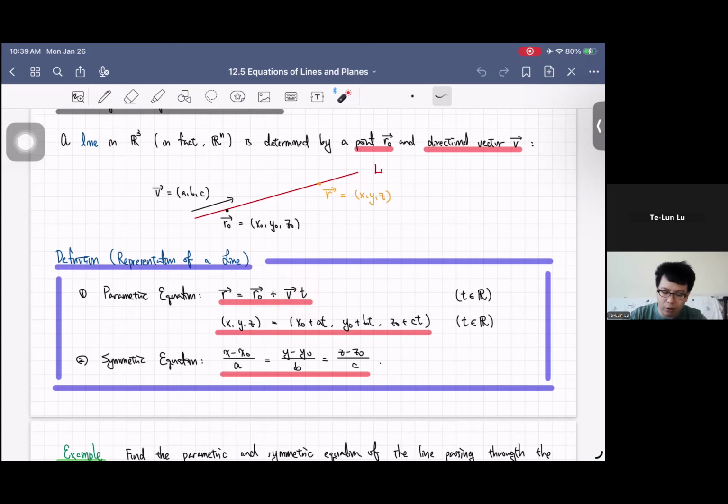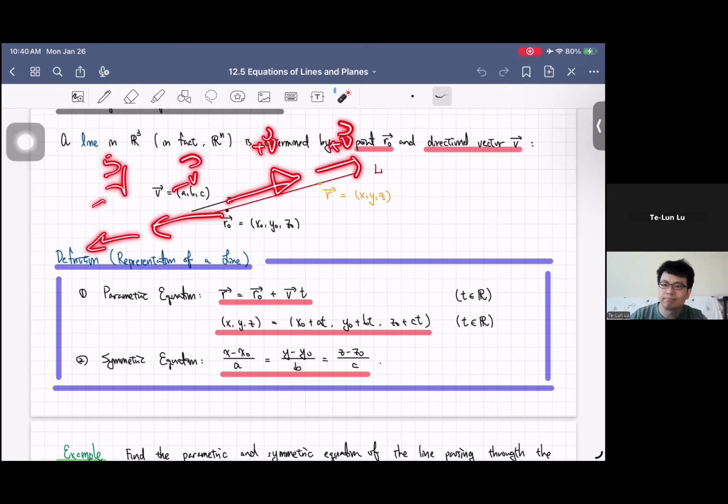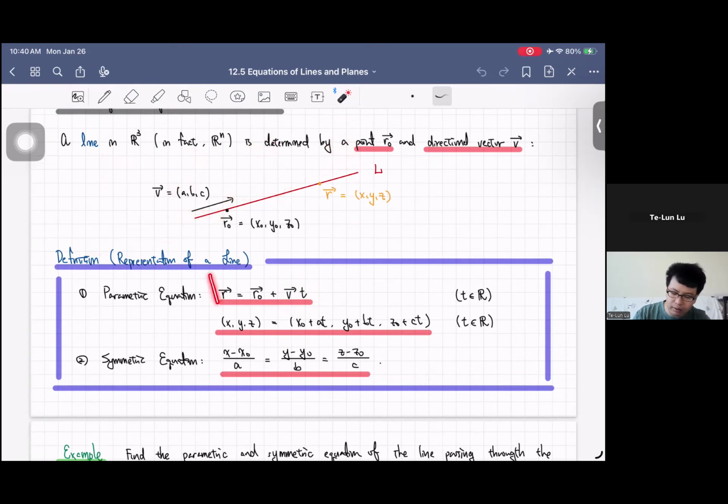It basically means how far you have traveled away from R naught. For example, this direction might be plus V, then this direction will be minus V. So you can write it as R equals R naught plus Vt, or in terms of coordinates, you have x naught plus at, y naught plus bt, z naught plus ct. That is the definition of scalar multiplication and vector addition, right?